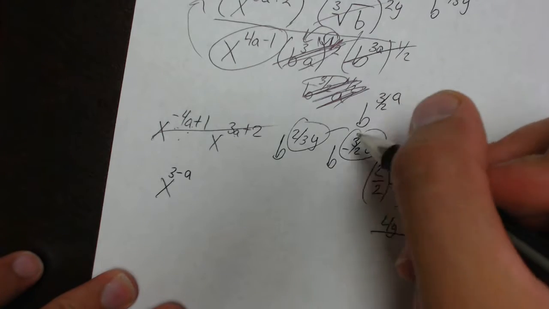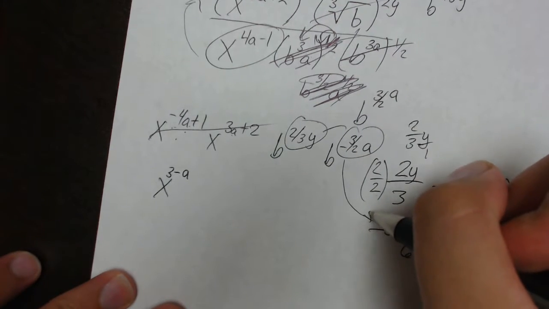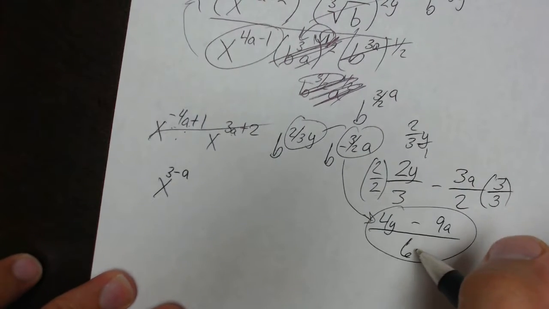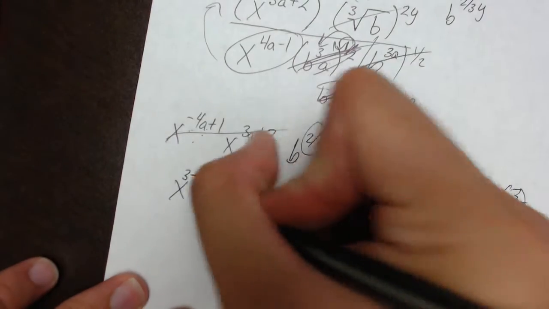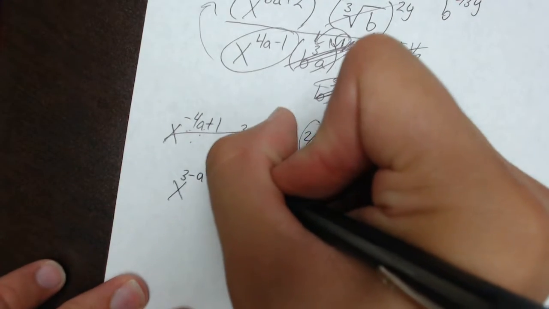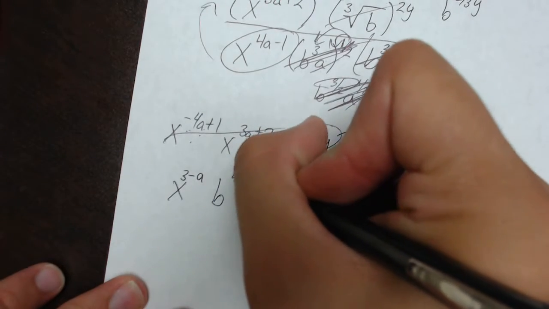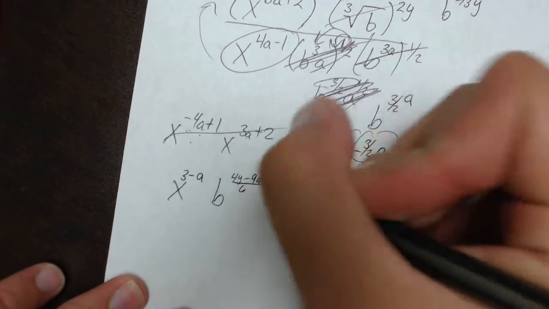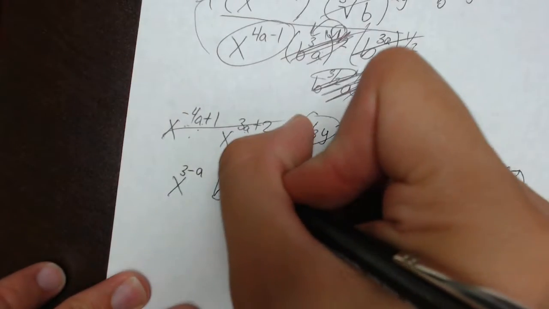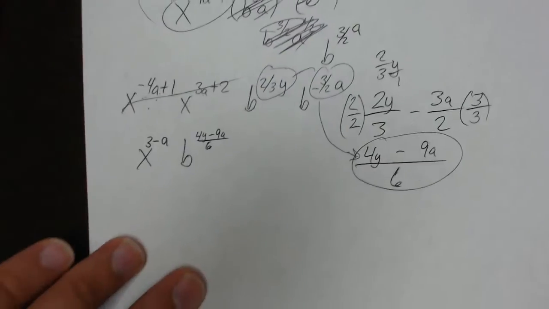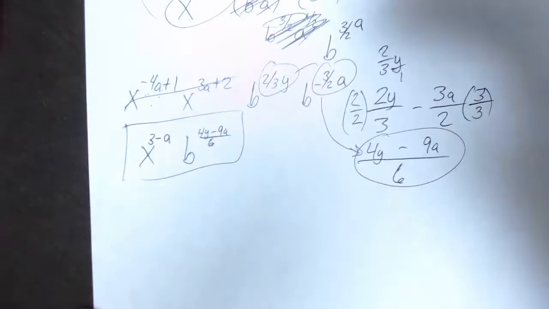So these combine to become this, which becomes our exponent for b. We have b to the power of 4y minus 9a all over 6. And that's our final answer.